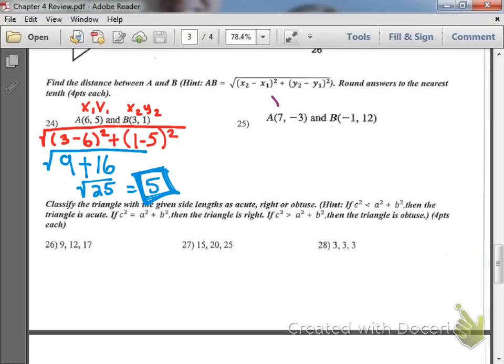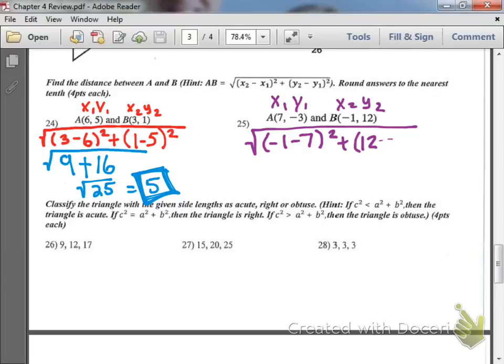Alright, same thing on the next one. x1, y1, x2, y2. So let's do -1 minus 7, square it. 12 minus -3, square it.